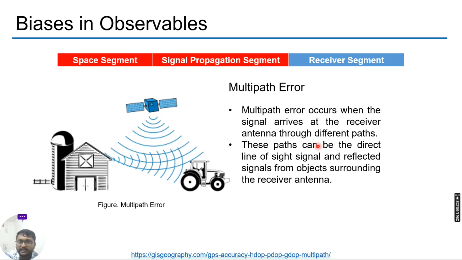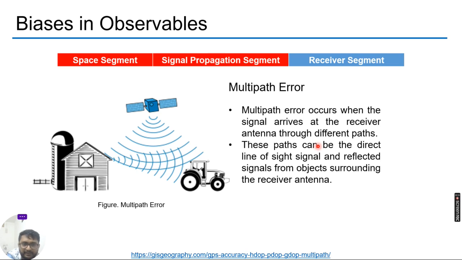Then we have the errors at the receiver end, also known as receiver segment errors. The first error is the multipath error. Multipath error is when the signal reaching the receiver collides with different objects such as houses, trees, or nearby objects.